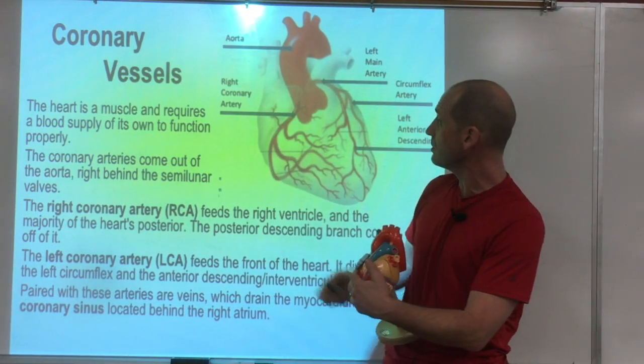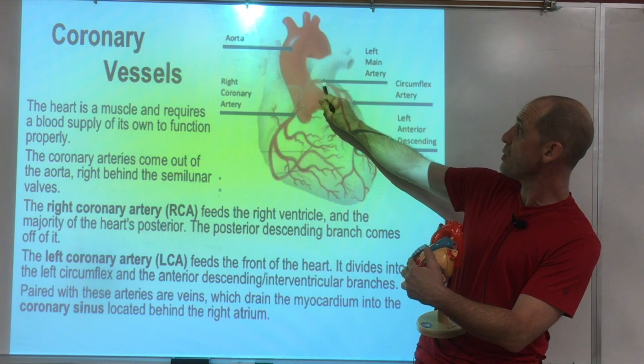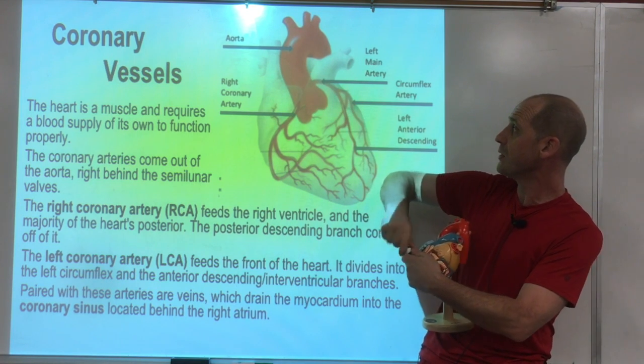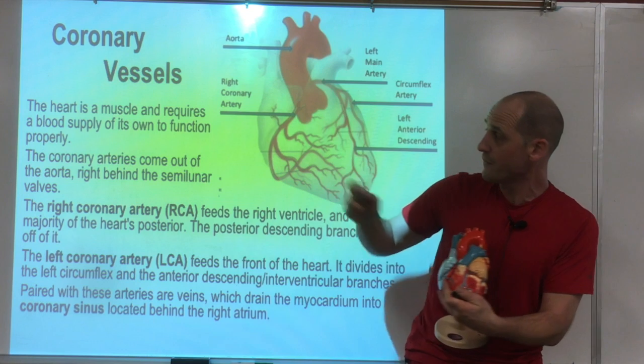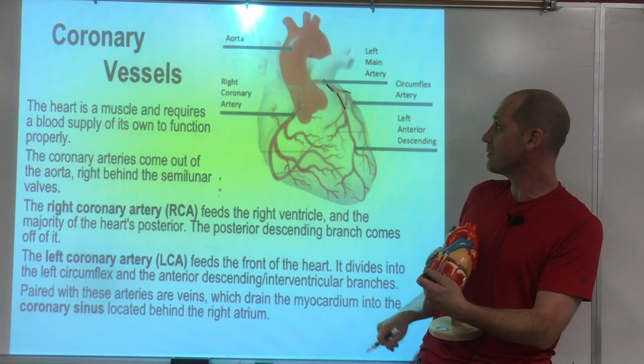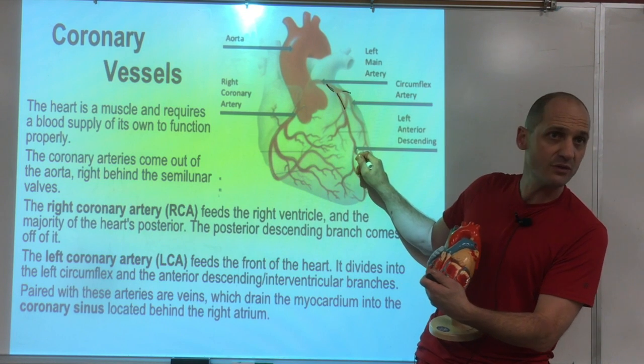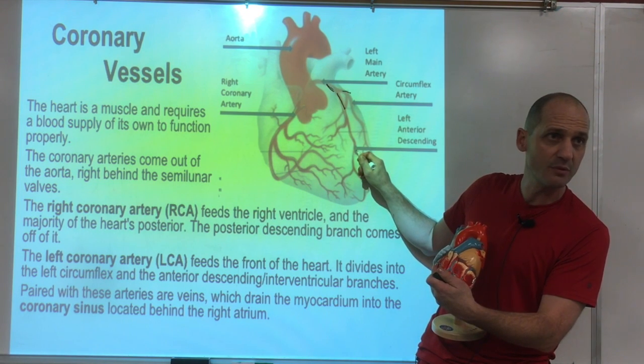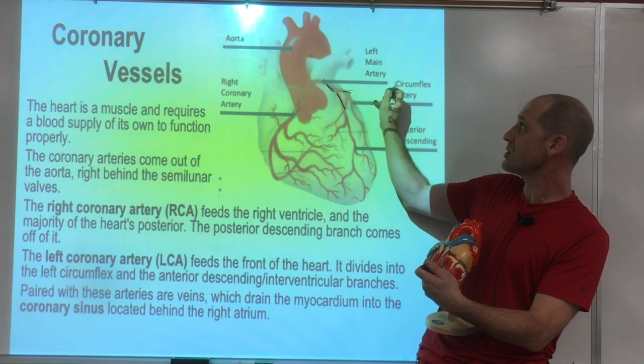Here's the booklet. We see this stump coming out in the front, and then it splits going down and over. The down is between the ventricles, the interventricular septum, and the around is the circumflex.